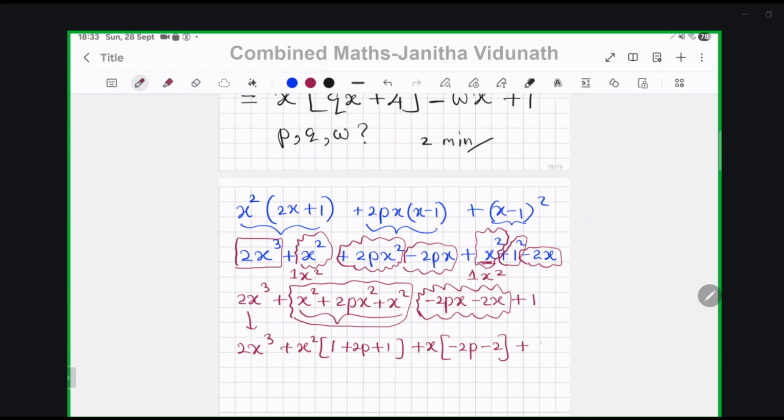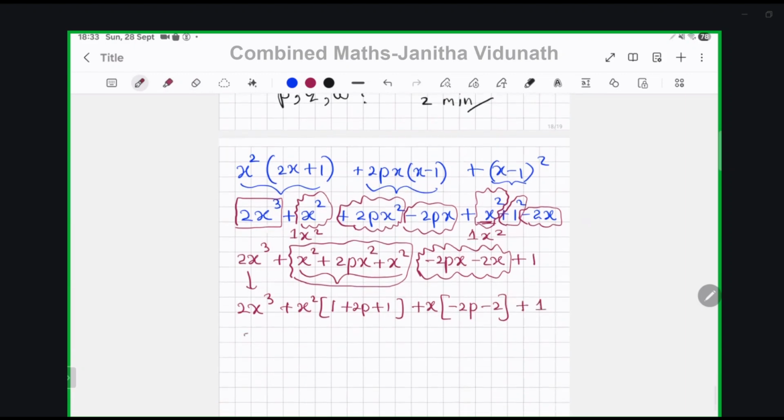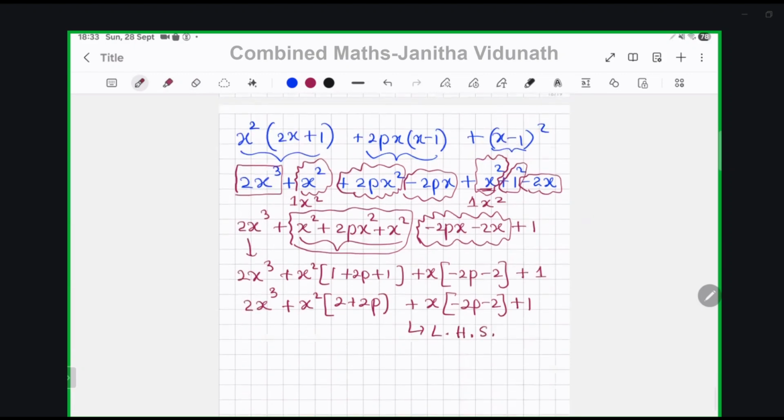And we have constant term 1. Okay, that means in the left hand side polynomial, we can simplify to 2x cube plus x square times 2 plus 2p, plus x times minus 2p minus 2, plus 1. Okay, this is the left hand side. We have simplified our left hand side.